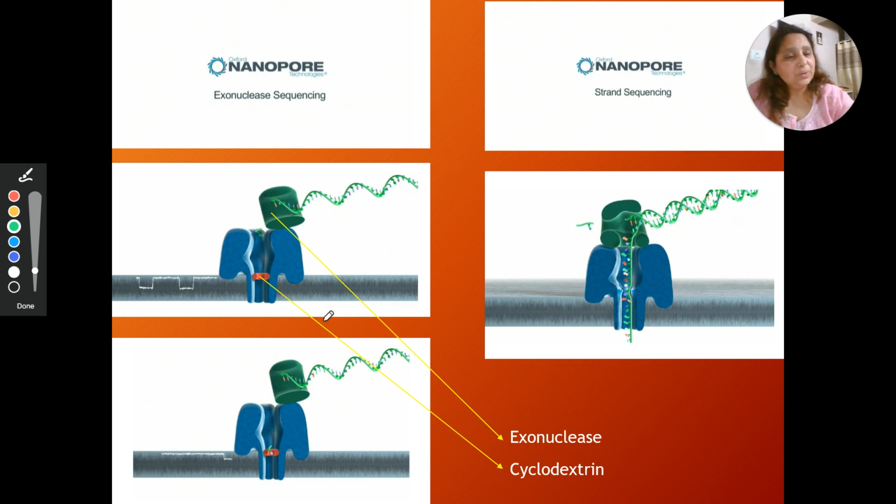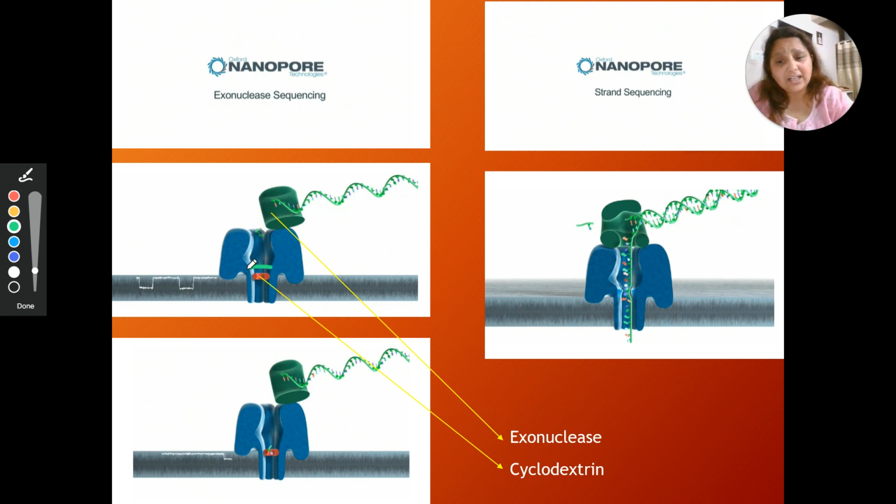And what is the function of this exonuclease? ये जो ग्रीन कलर का यहाँ पे छोटा सा दिख रहा है, what it does is that when the double-stranded DNA comes close to this, it used to cleave the nucleotides one by one and make it enter into the nanopore. उसमें enter करवाता था one by one.